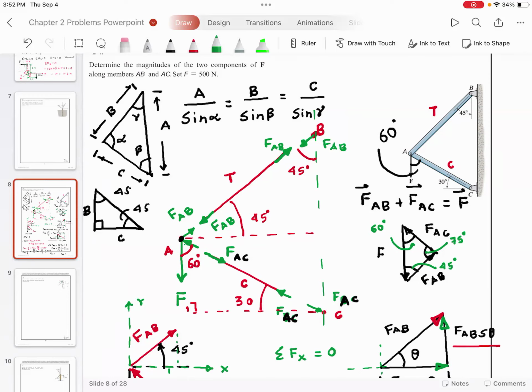And make sure you understood how I calculate the angle.